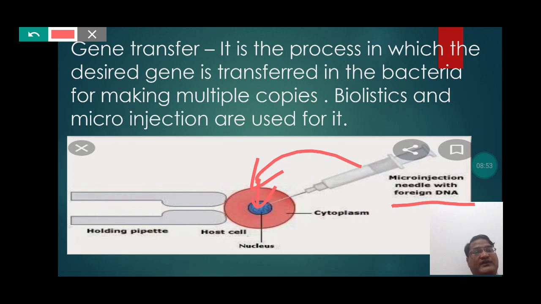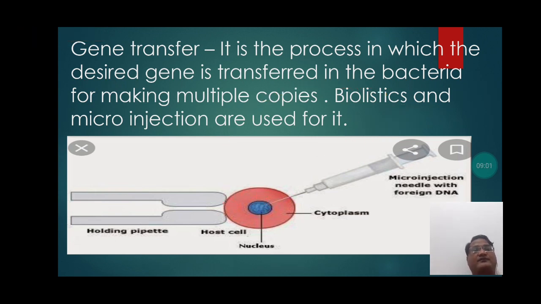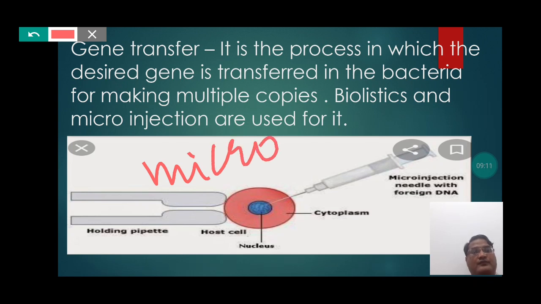So students, in this way the DNA from outside enters inside the nucleus of the cell, so that its multiple copies can be made. This process is called the micro injection process.